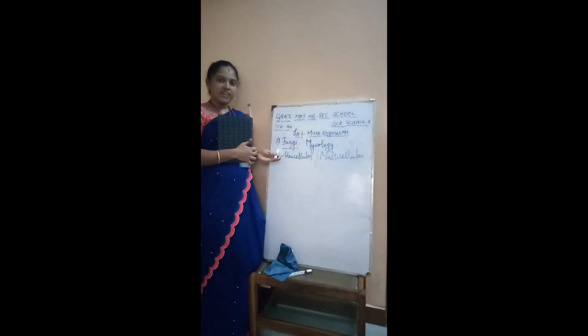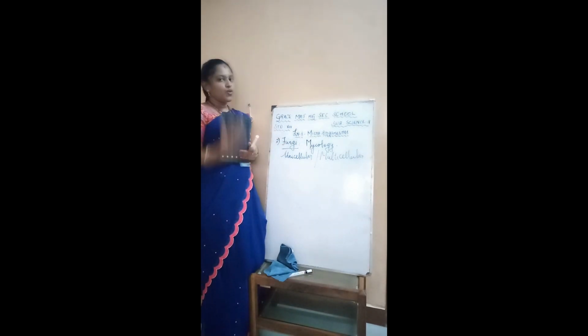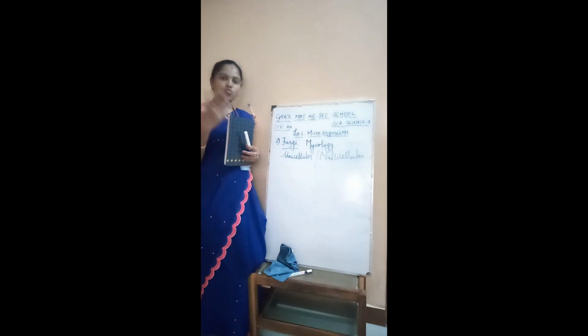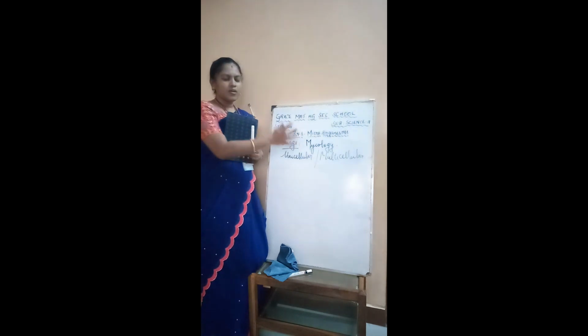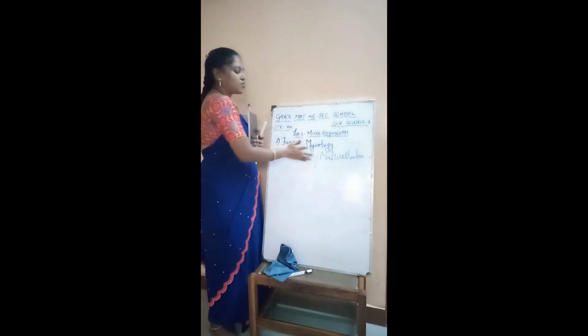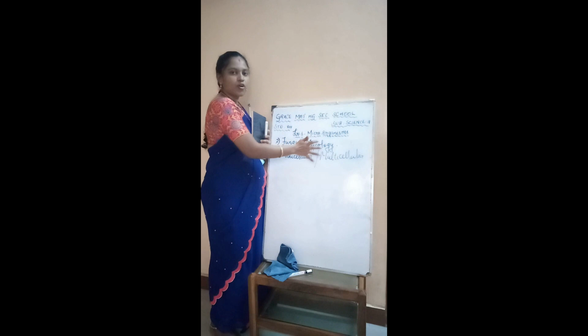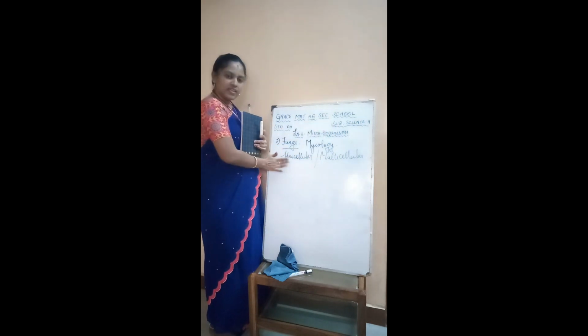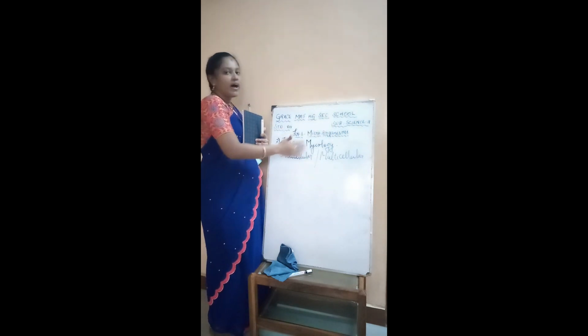Whereas this fungi has a nucleus within it, so we call this fungi a eukaryote. Except bacteria, all the microorganisms possess a nucleus, so we call those microorganisms eukaryotes, right, children?